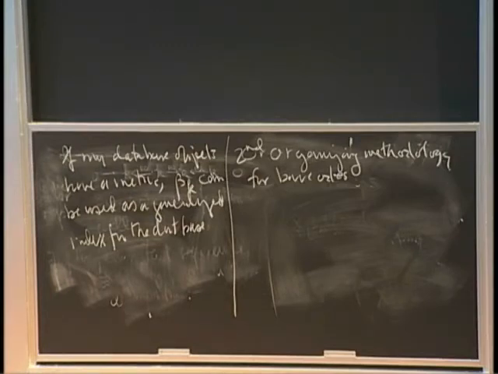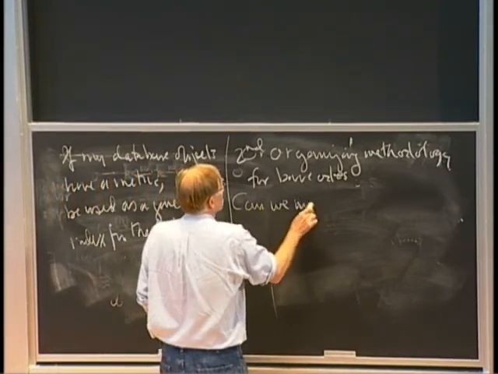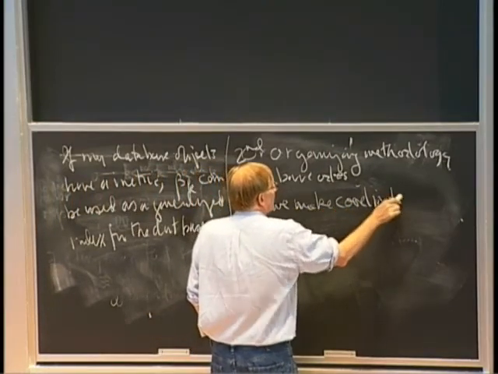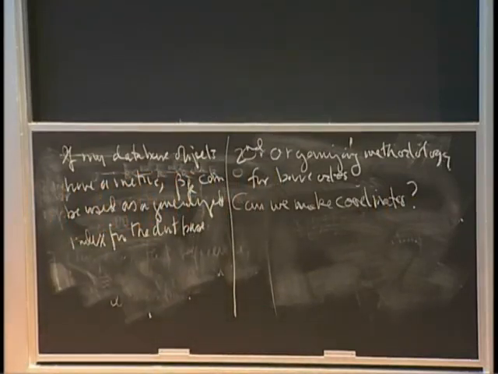Okay? Let's think about that. Can we make coordinates? Okay, well, let's start easy. Let's take something simple first of all. Let's just take the set of barcodes with n bars.